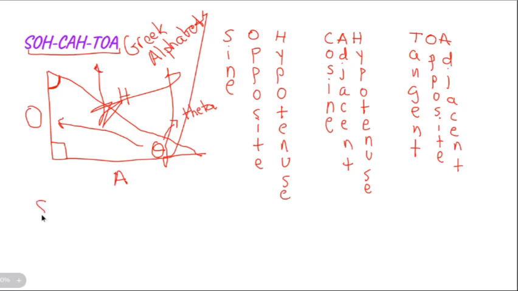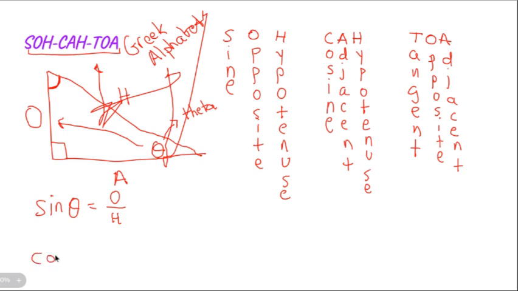We'd say sine of the given angle, in this case theta, is equal to the opposite side over the hypotenuse. So the sine of an angle is equal to the ratio of the opposite side over the hypotenuse side. Okay, and that's how this mnemonic is supposed to help us remember: sine, opposite, hypotenuse.